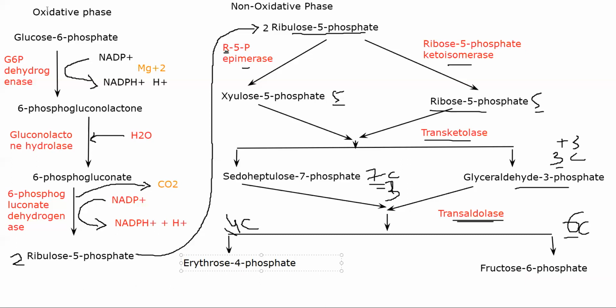So what happens is erythrose 4 phosphate is subjected to transketolase, wherein transketolase will basically remove carbon molecules, and you end up getting glyceraldehyde 3 phosphate again.